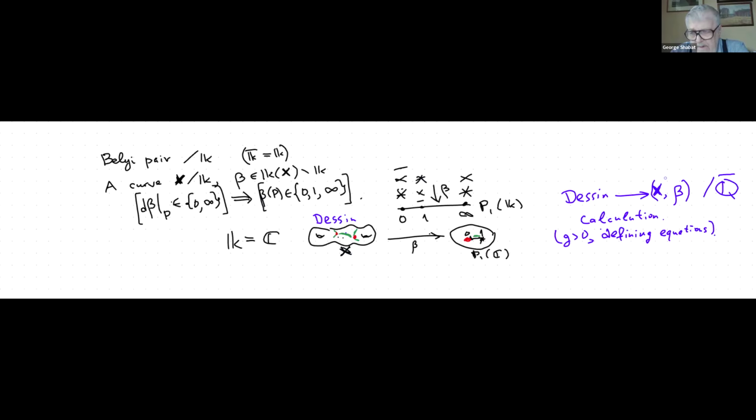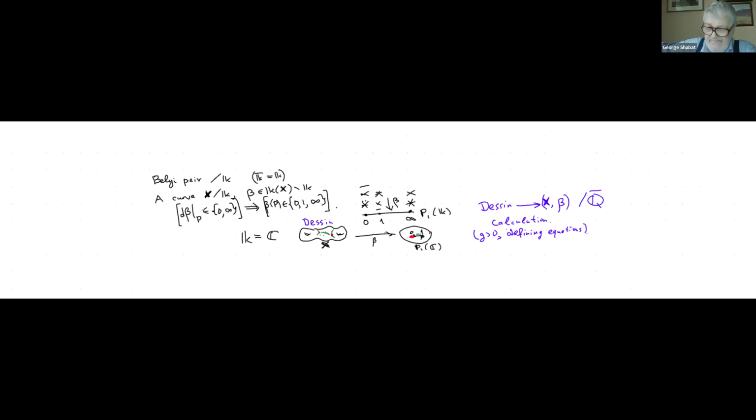I mean, that means that the curve itself can be defined by the equations with the finite amounts of information, but of information of very different kind.